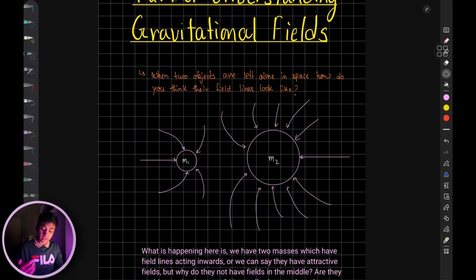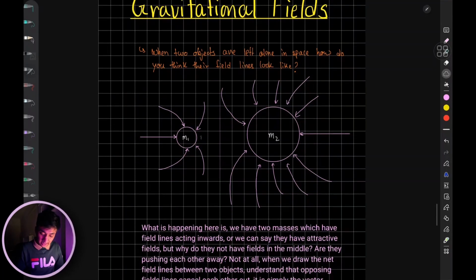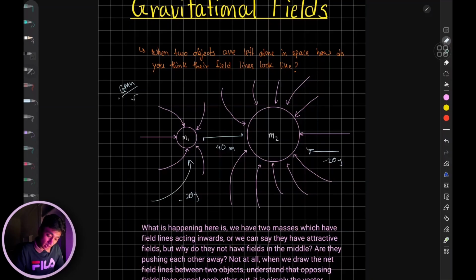And do we also know this other fact that, let's say, these masses are a distance away from each other? Let's call that distance 40 meters. If the GPE of M1 is minus 20 joules, what is the GPE of M2? Also minus 20 joules. I believe you already know the formula, minus GMm by r for GPE.